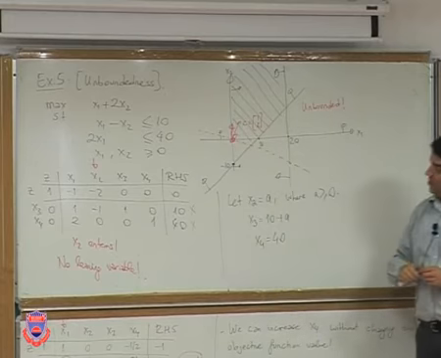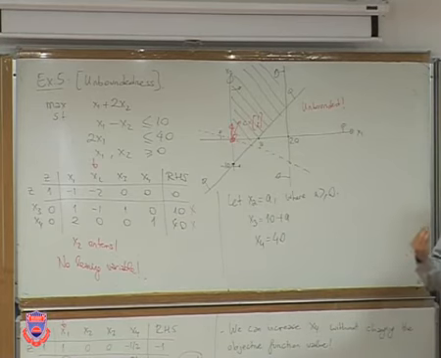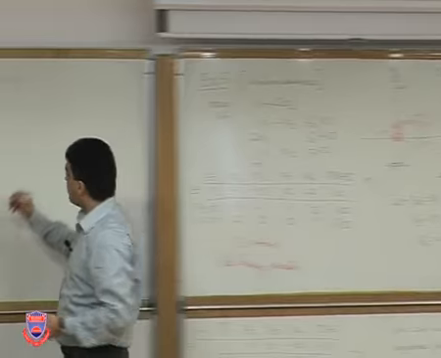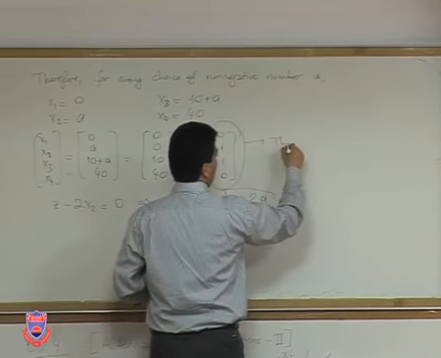So in other words, the simplex method actually tells you which direction to go if you want to find better and better solutions. And that's exactly that direction over there. And that has a special name. This is called the direction of unboundedness.